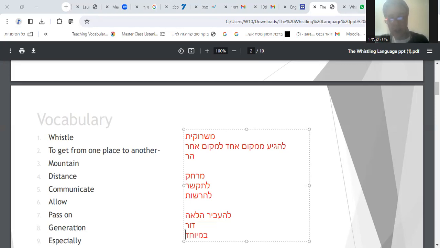Now over here there's the ly. The ly in many cases turns an adjective into an adverb. And we did speak about this, but I will repeat it. An adjective describes a noun. And I'll say this in Hebrew. An adjective is a shem to'ar.